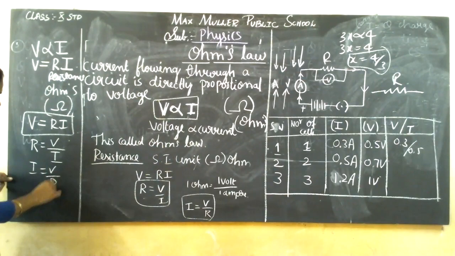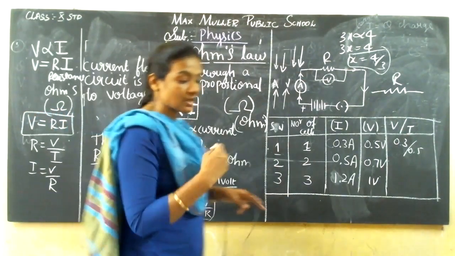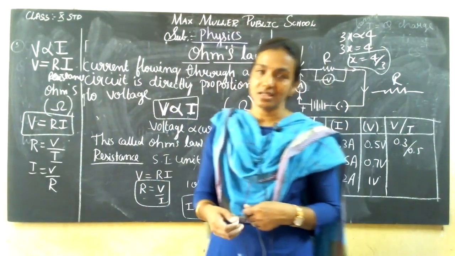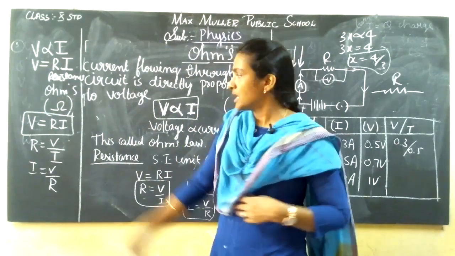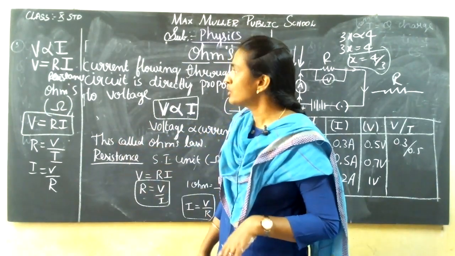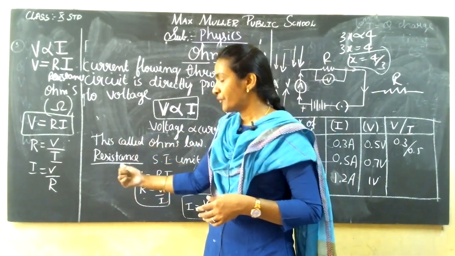These are the interchanges of the formula so that if you get the respective values, you can find the remaining things. Understood, guys? This is the formula to find the values of I, R and V.